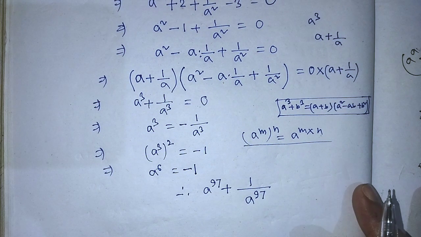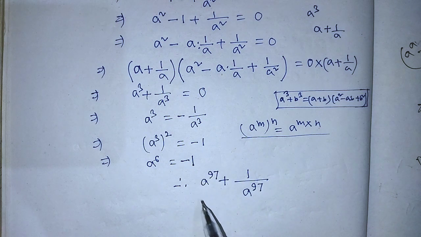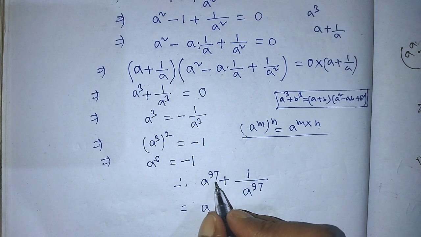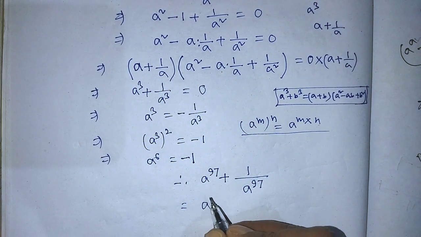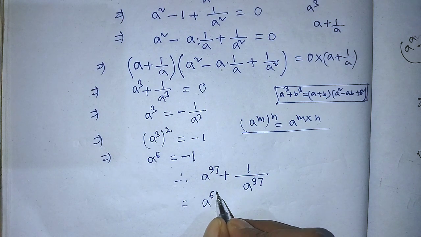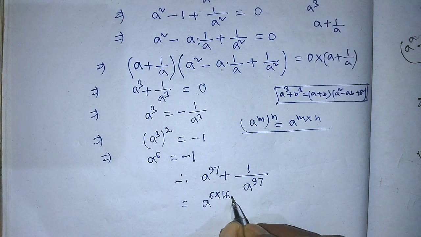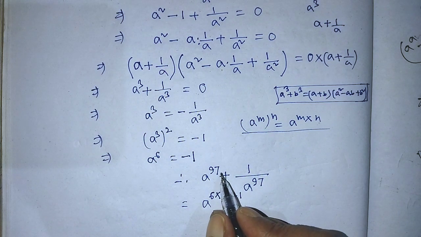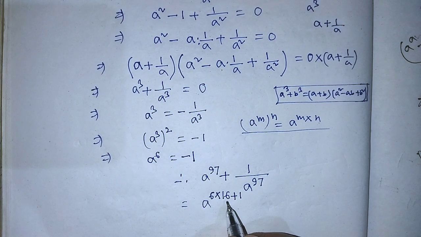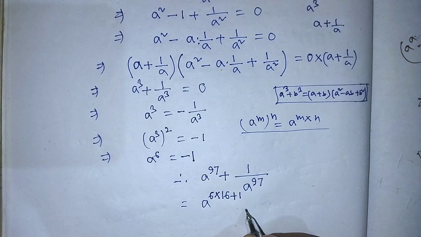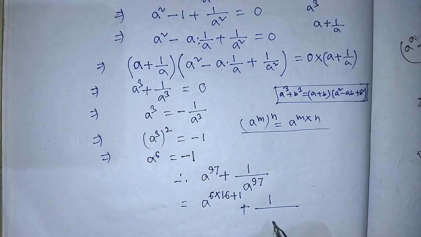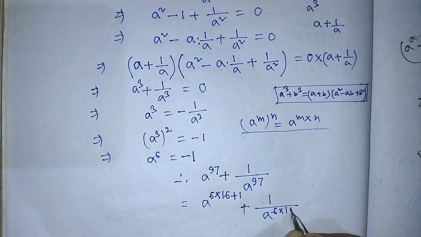So student, to find the value of this algebraic expression, we have to break the power of a. Okay. So we can write from this algebraic expression a to the power, in the place of 97 we have to write 6 into 16 plus 1, plus 1 over a to the power, in the place of 97 we have to write 6 into 16 plus 1.